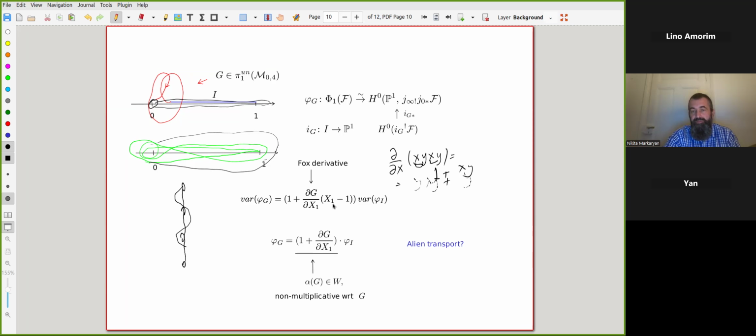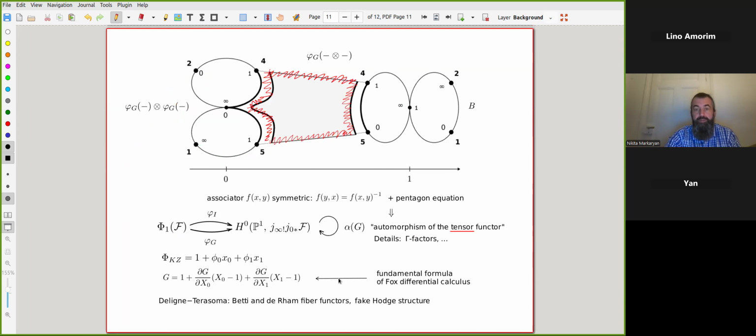Because we have these factors, it means that it lives indeed in W. And then the final idea that these two guys are indeed two.